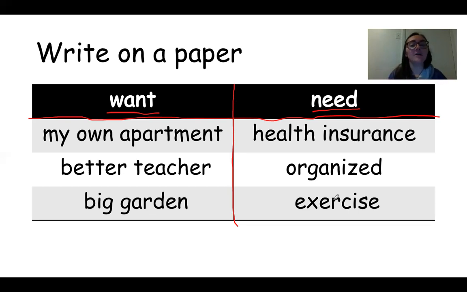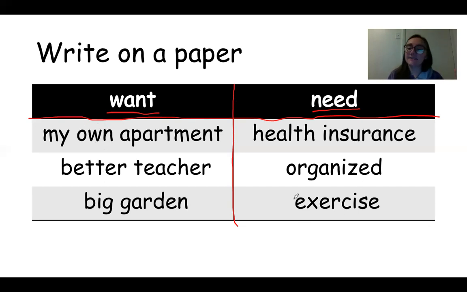It could be anything. A want is something that is not any of those. It's something that would make your life nicer, but it's not going to keep you from being alive or keep you from having money to survive. So I don't need my own apartment, but it's something that I want, right? So just think of three things that you want and write them under this side.